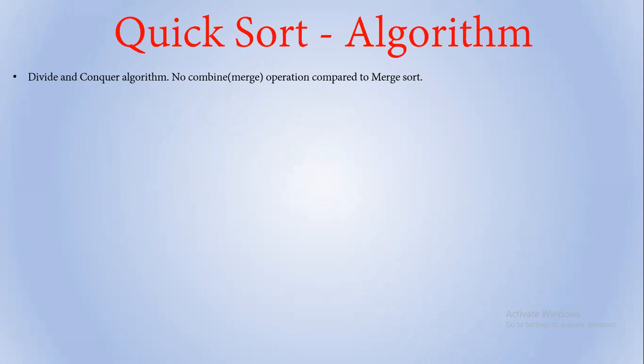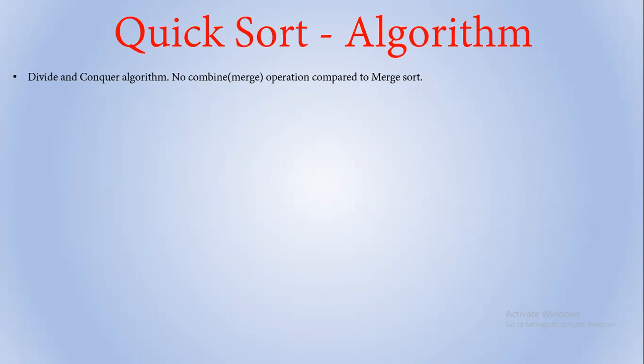In the division operation of merge sort, the input array was just bisected into two parts.